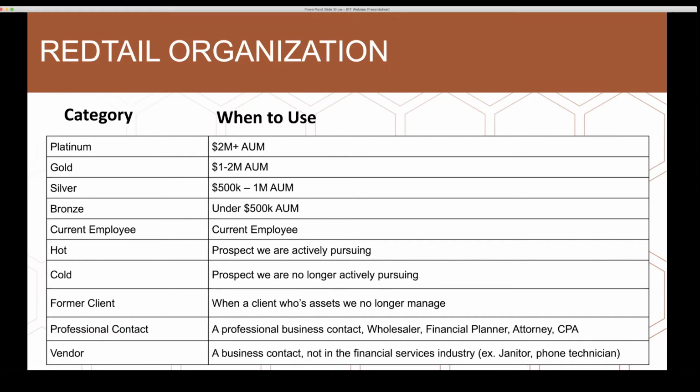Now, as far as categories go, I know your structure here is an example, but I think this is a really good example for a couple of reasons. We want to keep it simple, right? I was working with an office a couple weeks ago, and there were like 15 categories just for the prospect status.